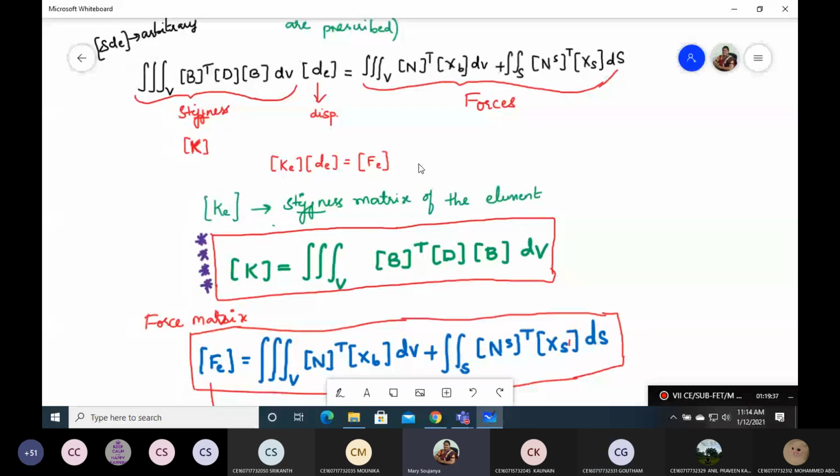Please note it down. The above equation of equilibrium is to be assembled for the entire structure and the boundary conditions are to be introduced.